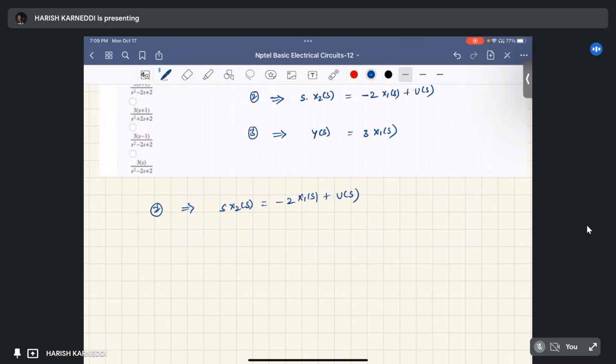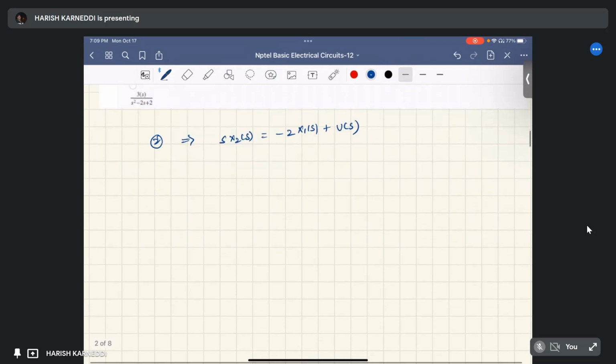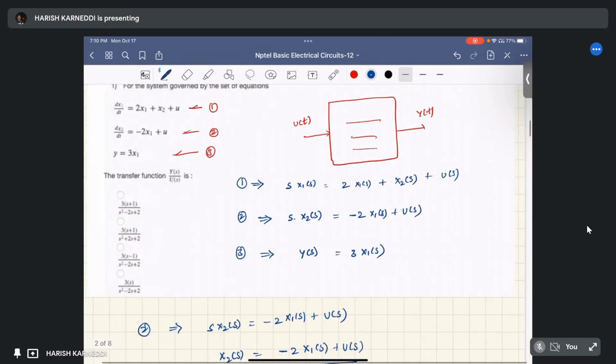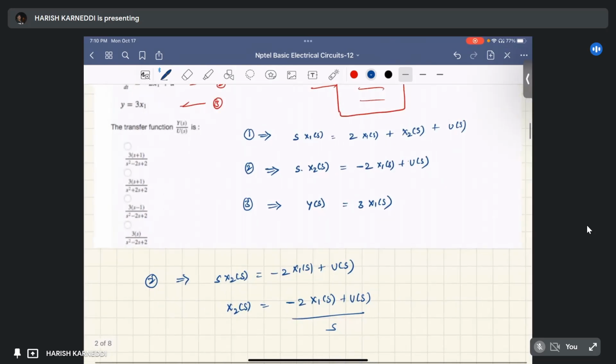Here we can represent x2 of s, so the s goes to that side: it is minus 2 x1 of s plus u of s, all divided by s. Let us number this equation 4, and we will put it in equation 1 in place of x2 of s.